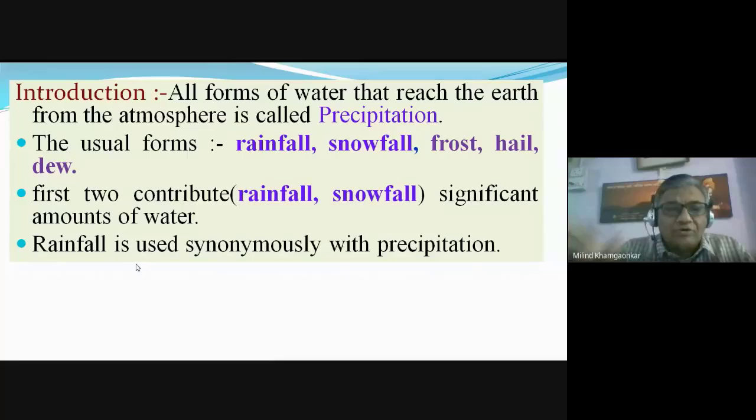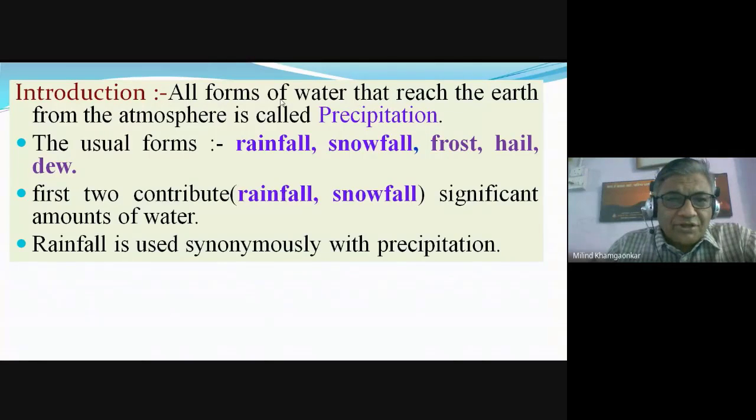Then we will move on to the next part, that is precipitation, one of the important components of the hydrologic cycle. Precipitation is all forms of water, maybe liquid form, maybe vapor form, or maybe solid form, that is the ice form, that reaches the earth from the atmosphere.